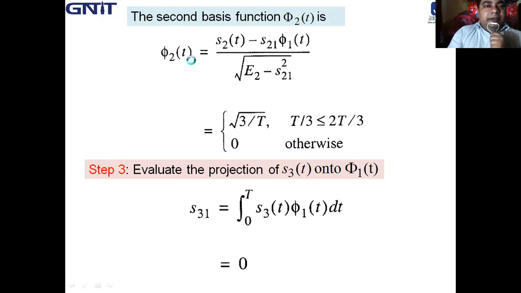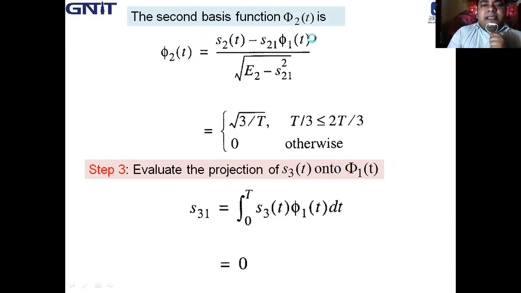Therefore, phi 2(t) is the second basis function, which can be determined as S2(t) minus S21 phi 1(t).